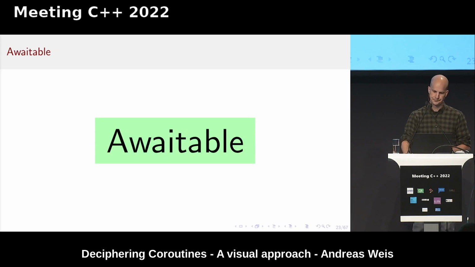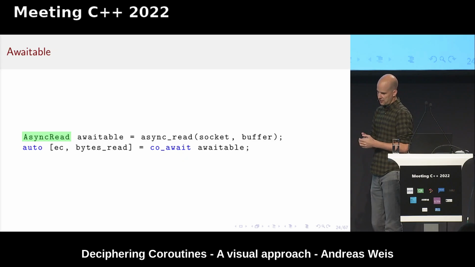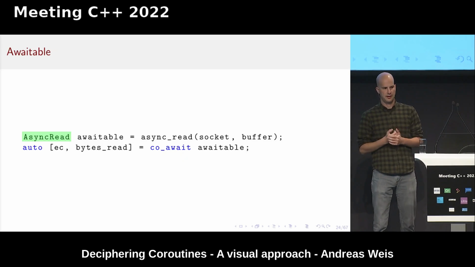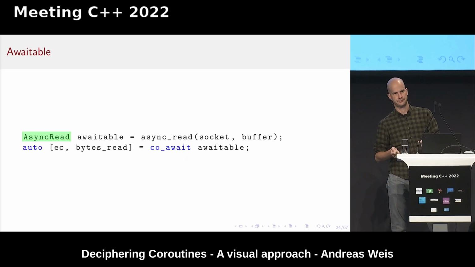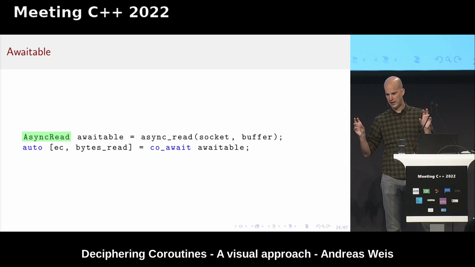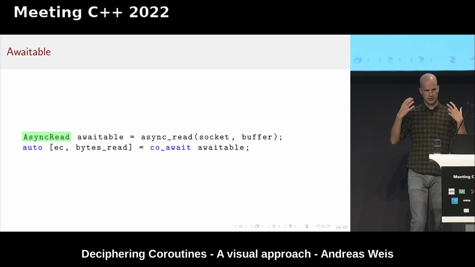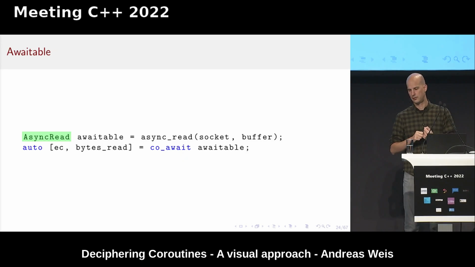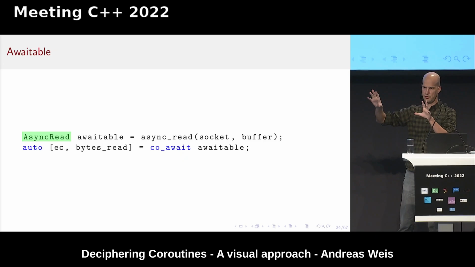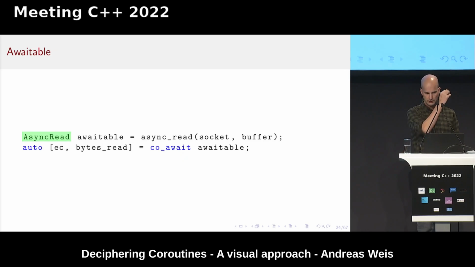So what's an awaitable? The simplest way to think about it, and the way that I like to think about it, is that the awaitable is something that you can call co_await on. If you think of co_await as an operator, the argument of that operator has to be an awaitable type. So anything that you can call co_await on is an awaitable.